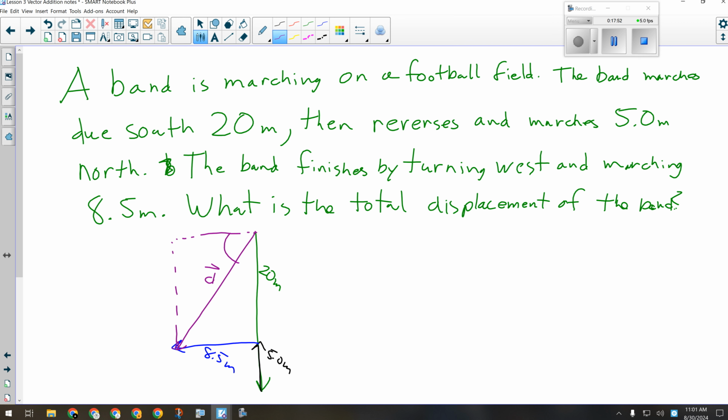How far south did they go? 15 meters, right? They went south 20 and then they came back 5 north. So if I'm taking my two y components, I know it's 20 minus 5 for 15 meters south. I also know that they went how far west? 8.5 meters.